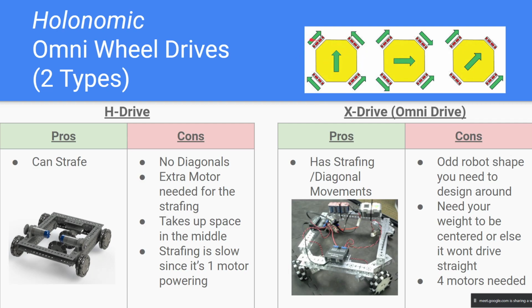To go forward, the front wheels rotate inwards, and the back rotates outwards. It's literally the same idea, just rotated to go left, so these go inwards, these go outwards. And to go diagonally, you just power these two on the corners. Same thing for going diagonally right or left. You would power these two. Pretty simple. That's all I have for this drivetrain.